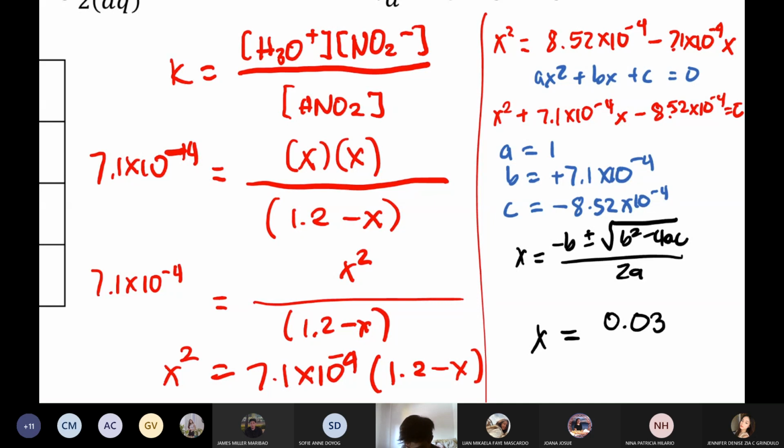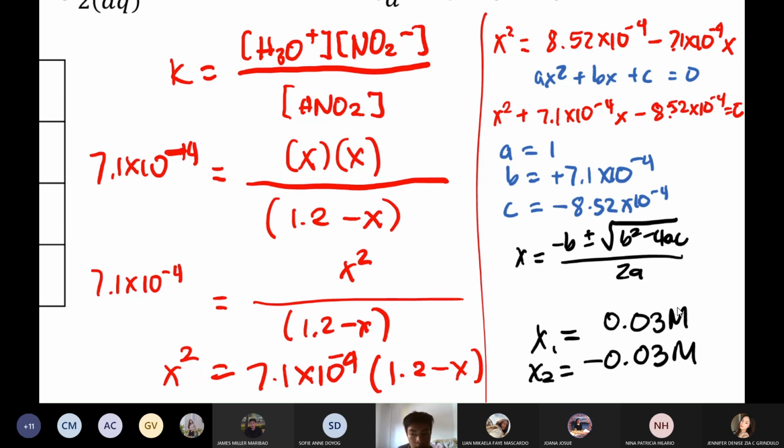And the other x value is negative 0.03. Okay? So bakit dalawa yung x value ko? Dalawa yung roots ko. Bakit? Kasi look at the quadratic equation. Yung isa positive, yung isa negative. So, isosolve mo muna yung plus, then isosolve mo yung minus sign naman. Kaya dalawa yung x values mo.